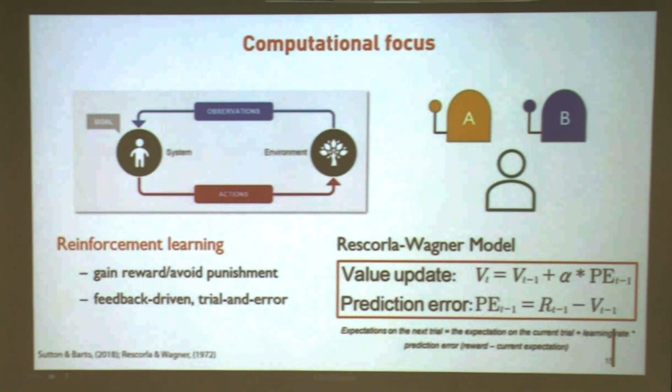So this goes both ways. If you have your expectation, and reality tells you that it's even better than your expectation, you will increase your expectation. And if what you have in reality is something worse, you will decrease your expectation.